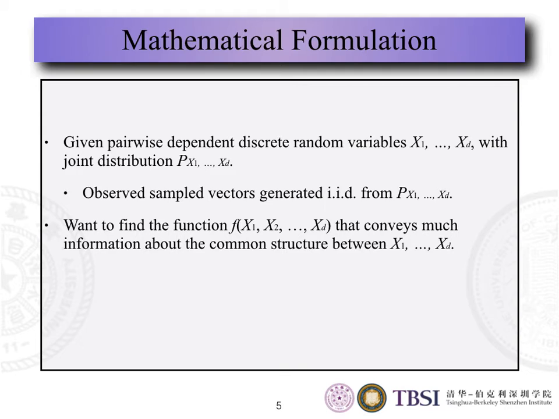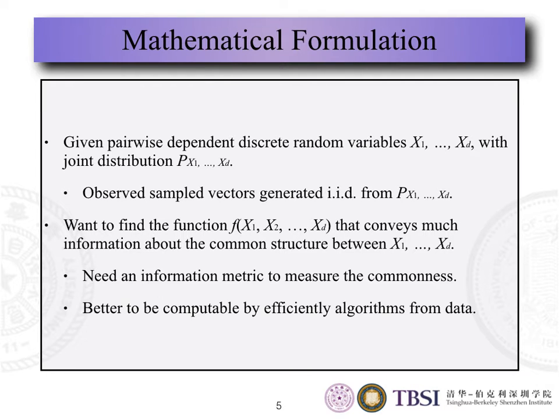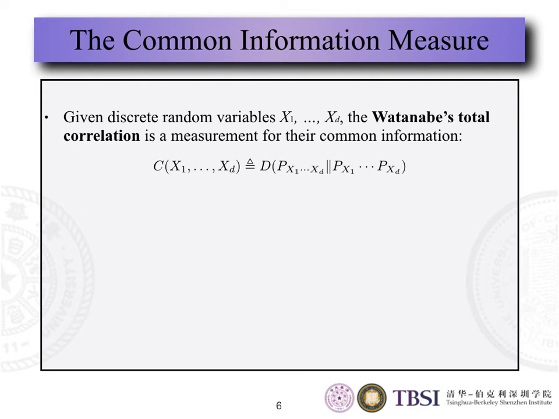We want to find this function from the observed data vectors. Then in order to find such a function, we need to first define the notion of common information, which requires an information metric to measure the commonness between random variables. And moreover, in order to apply to practical problems, the selected function has to be efficiently computable from the data. Now let's go through more details.